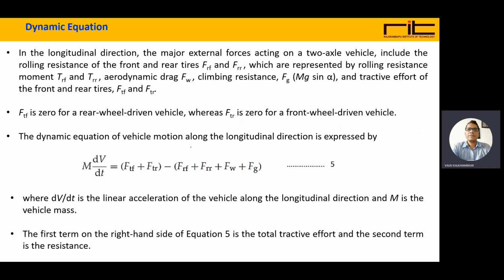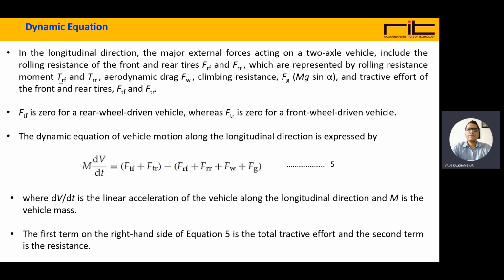If you see the total dynamic equation, considering the different forces which are opposing the vehicle in the longitudinal direction, the major external forces acting on a two-axle vehicle include the rolling resistance of the front and rear tires, that is Frf and Frr, which are represented by rolling resistance moments Trf and Trr.